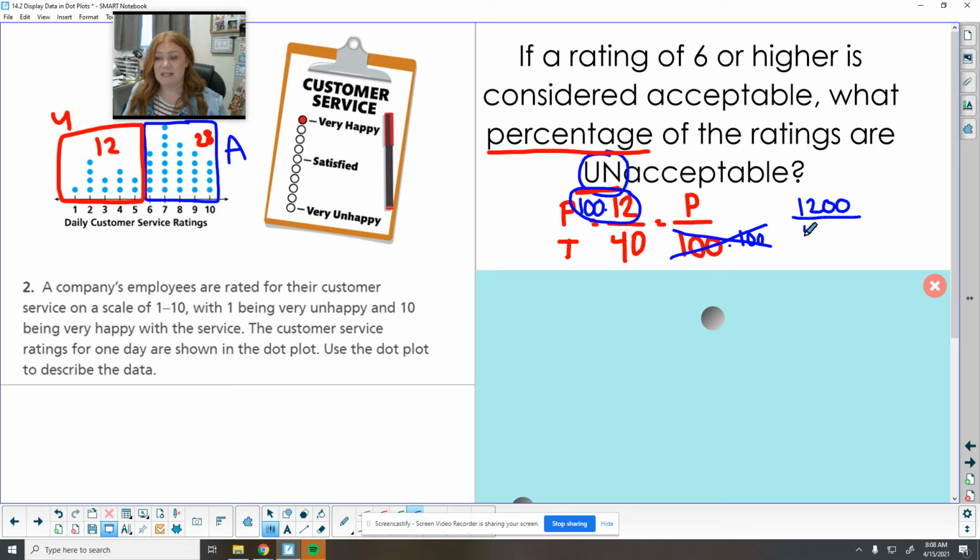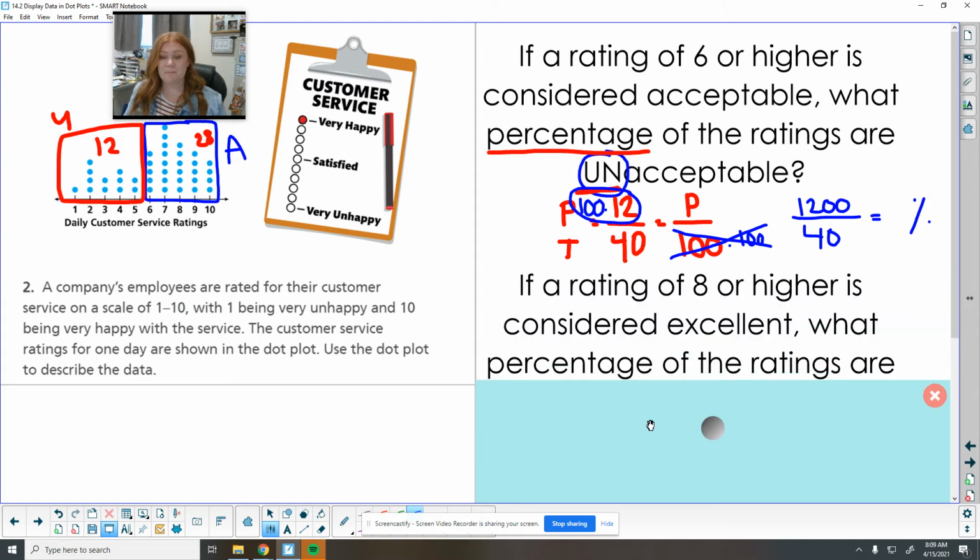And then I'm dividing that by 40. So 1,200 divided by 40 will give us our percent of the unacceptable service ratings. Okay, so we were looking for unacceptable. So how many were unacceptable out of the total? Percentages are always out of 100.